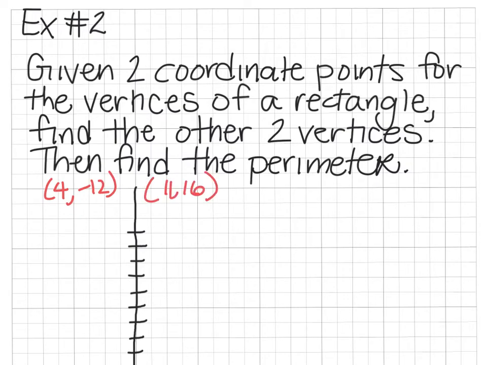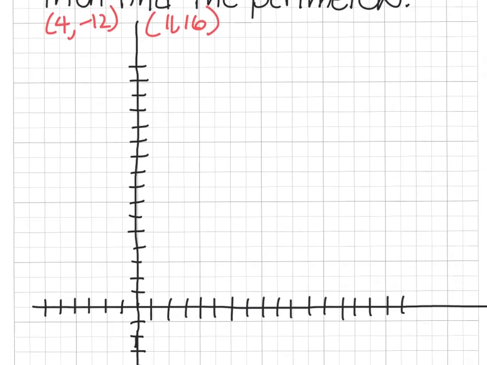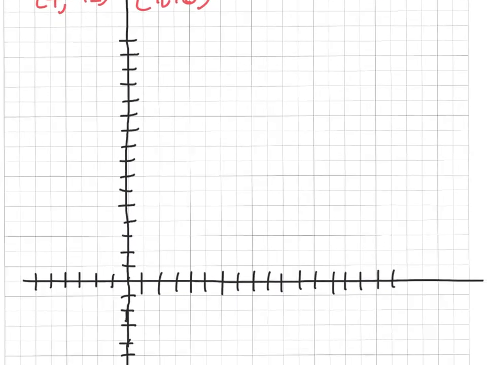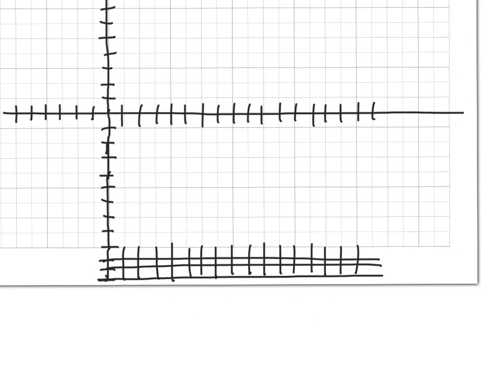So we are going to go ahead and plot those points. And I'm going to do (4, -12) first. So we're over 4, 1, 2, 3, 4, down 12, 1, 2, 3, 4, 5, 6, 7, 8, 9, 10, 11, 12.